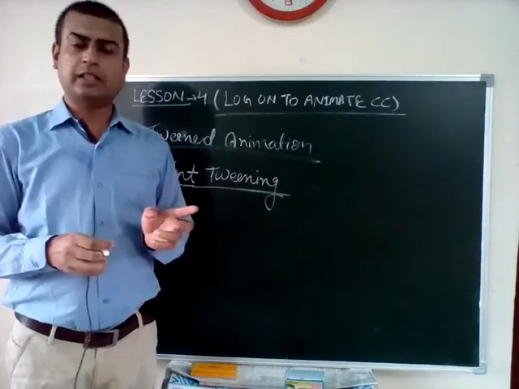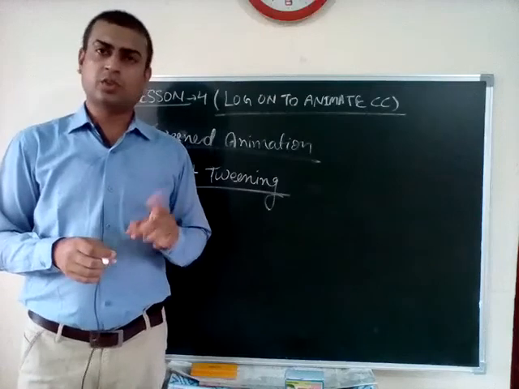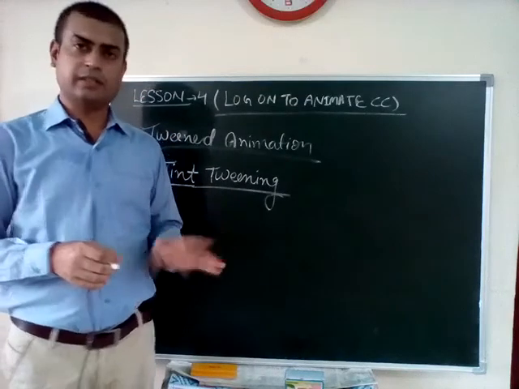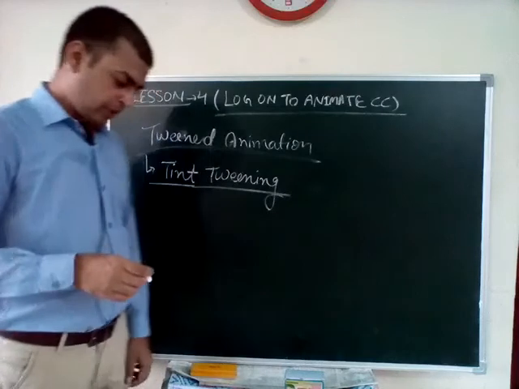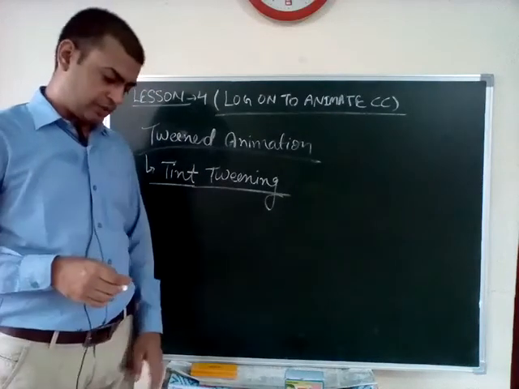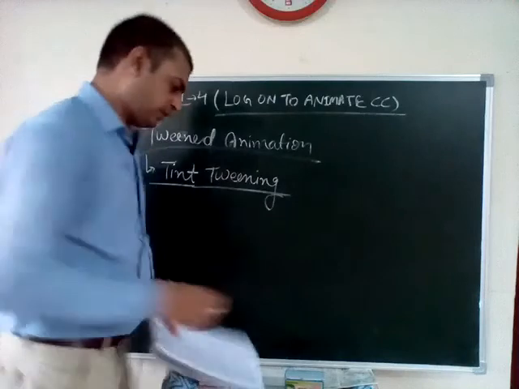So this you have to remember. In tint tweening, first draw the photo or type the text, then save it as a symbol, then this effect will work. Now how will you use this? Steps are as follows.